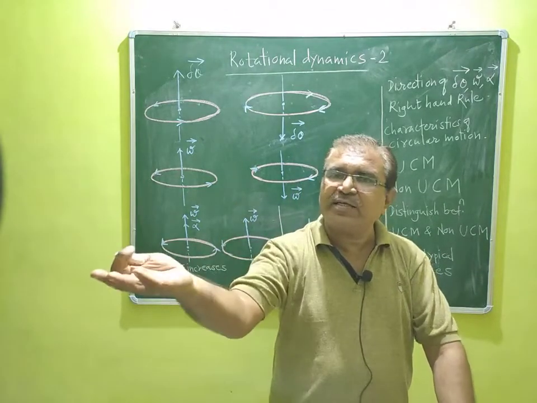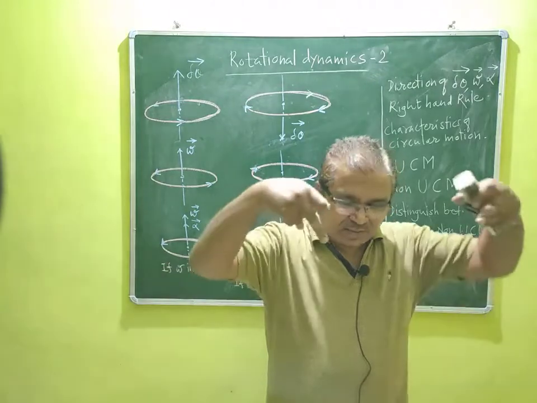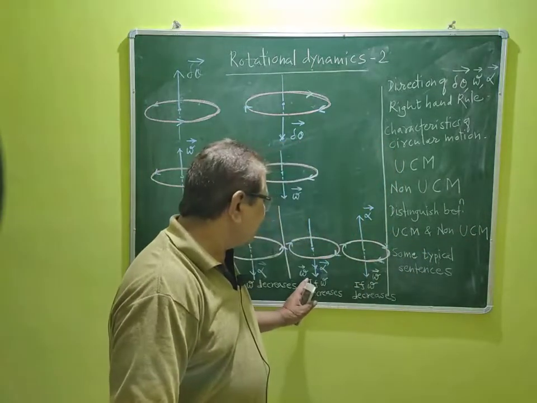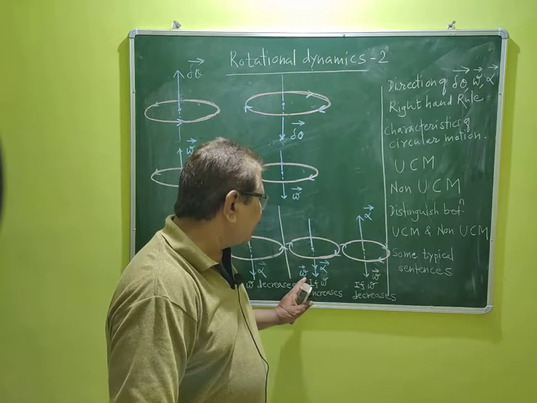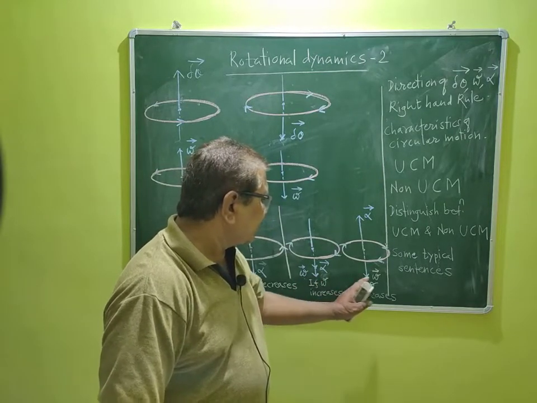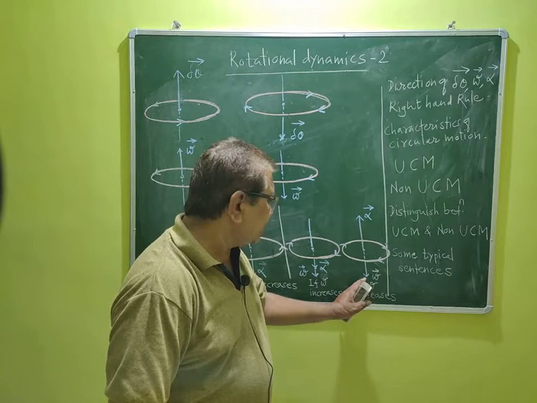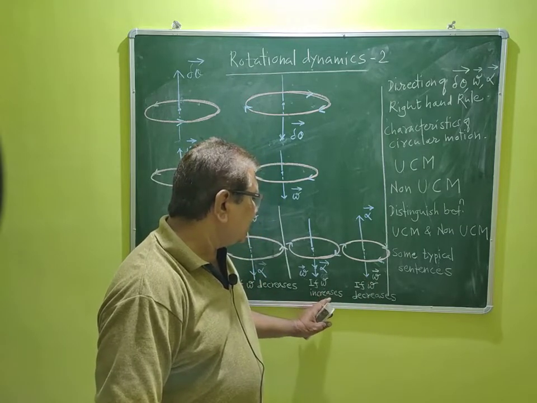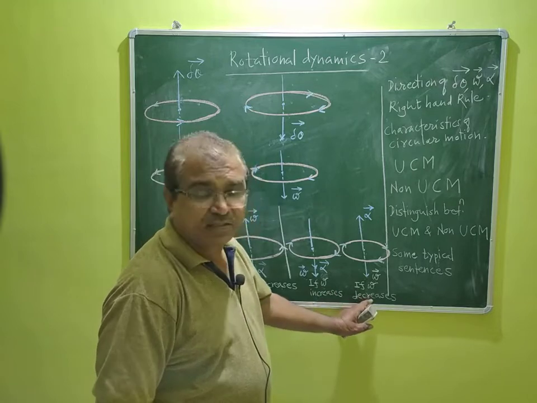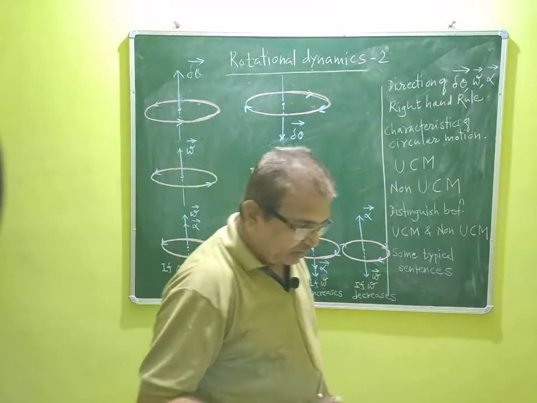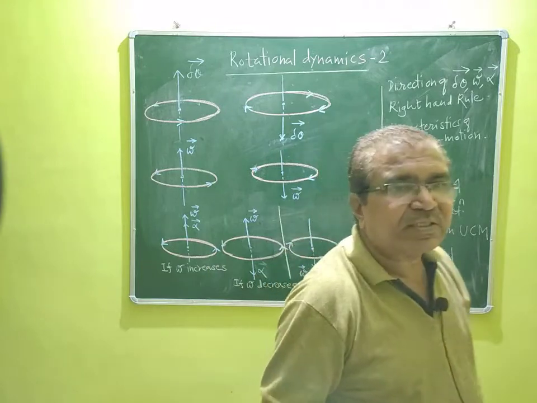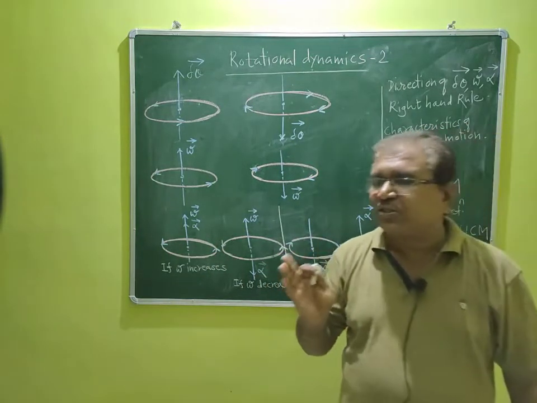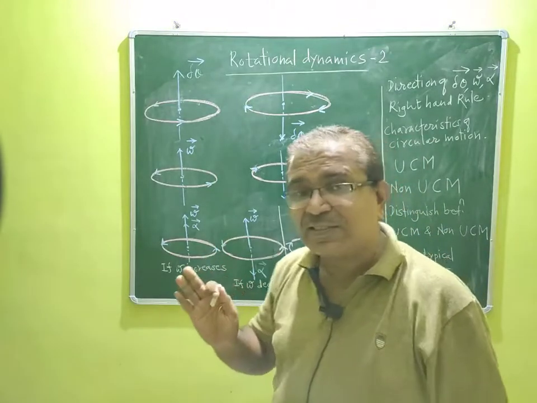Though omega increases or decreases, the direction is downward. The direction of omega is in the downward direction, though angular velocity increases or decreases. So the direction of the angular velocity is independent of the change in angular velocity.